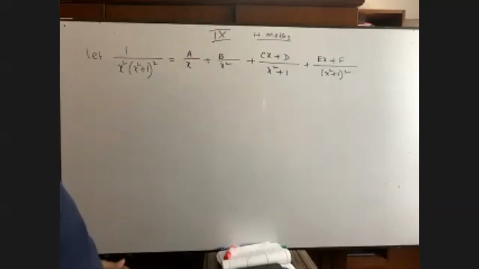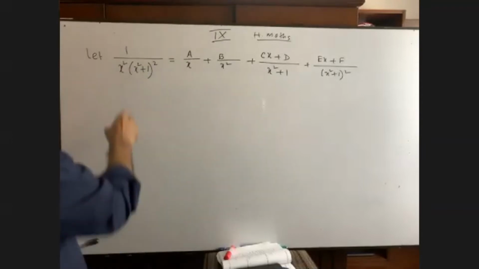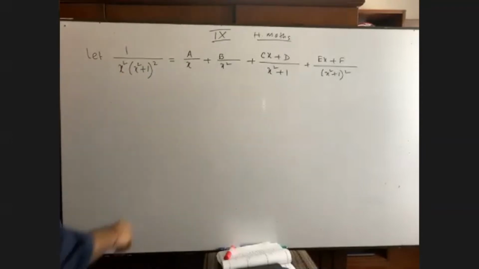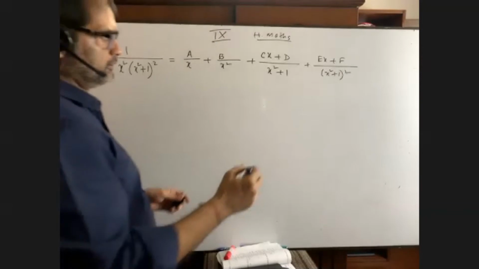We have got 6 unknowns, a, b, c, d, e, f. As the degree is 6, it is 1 now.